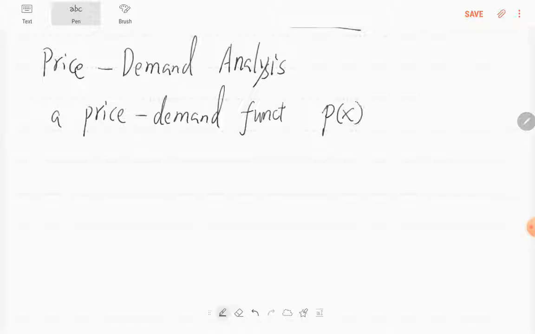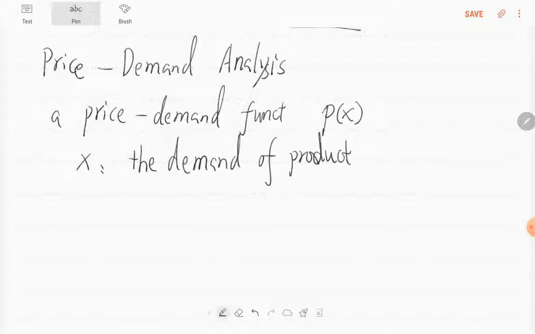The companies always use what is called a price demand function, which is denoted by p of x, where x is the demand of the product, x represents the demand of the product, and p, lowercase p, is the price of the product.